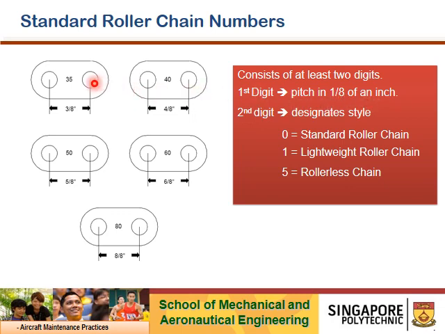So if it's a 35, it's 3/8. The pitch is 3/8 of an inch. If you take a ruler and measure, it should be 3/8 from center to center. 4/8 is half. The second digit designates the style. 0 is standard roller, 1 is lightweight, 2 is rollerless chain. That's the hidden message of the number.